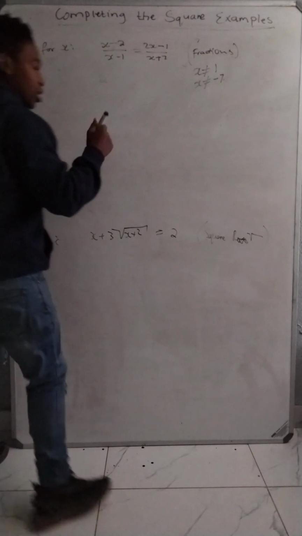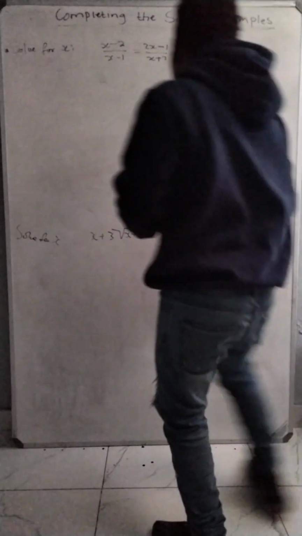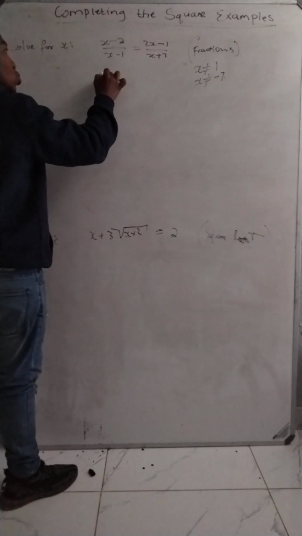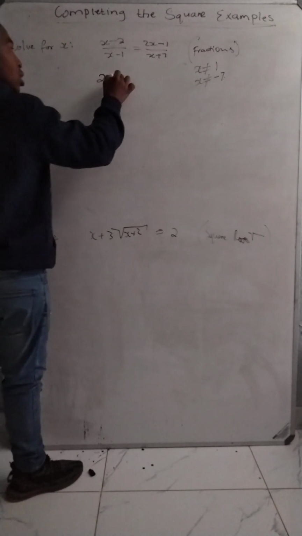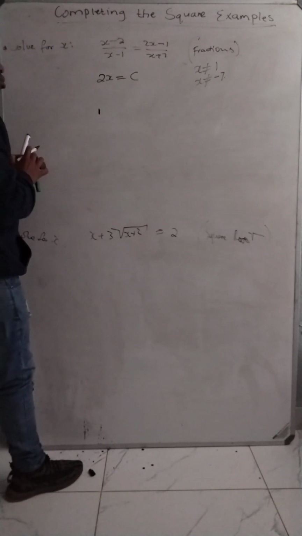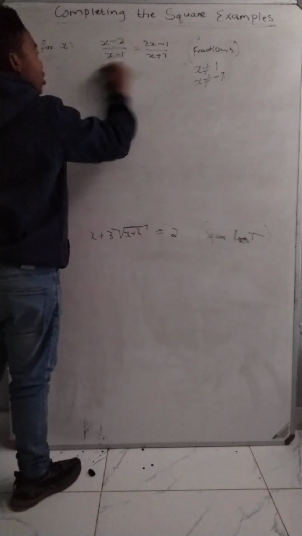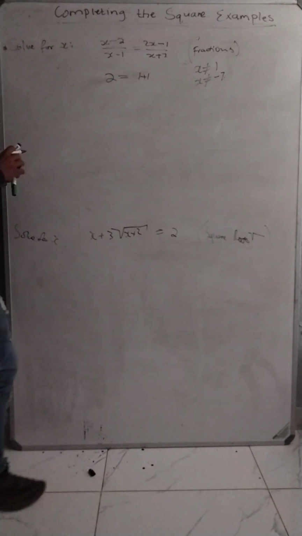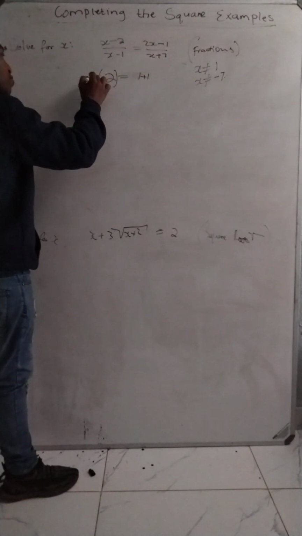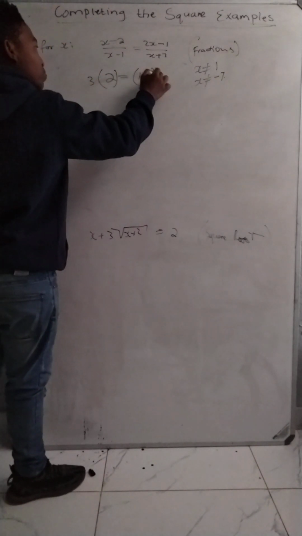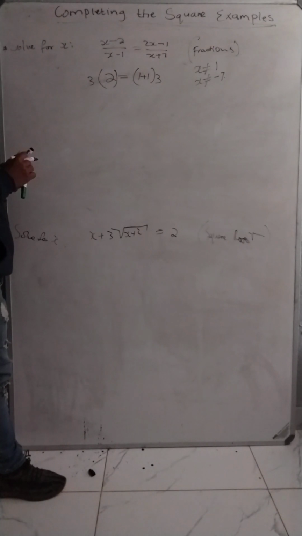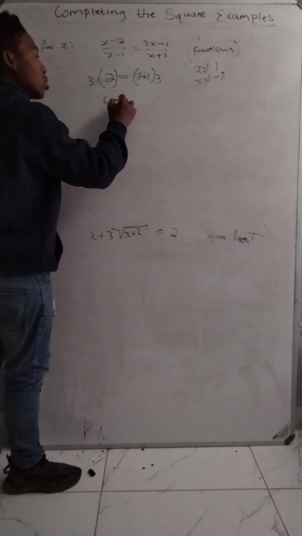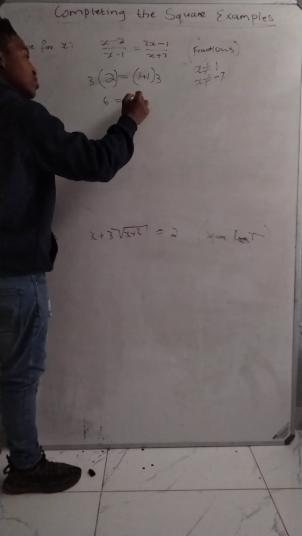If you have 2 is equal to 1 plus 1, and you multiply this by 3 and you multiply this by 3, this expression is still going to hold, because 3 times 2 is 6, and 1 plus 1 is 2, 2 times 3 is 6.